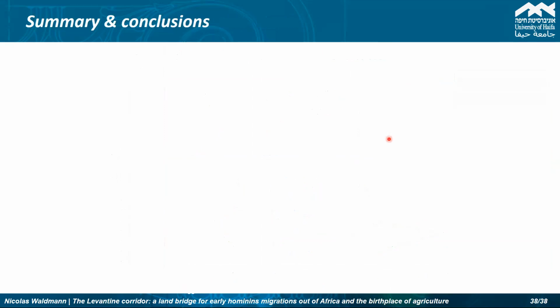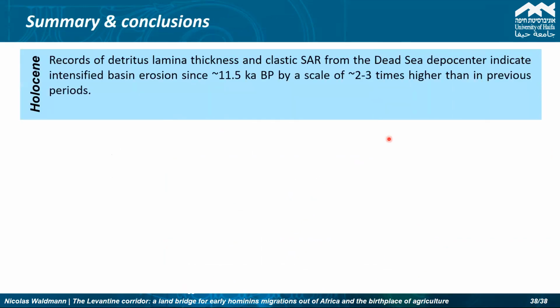So I went through the Holocene, the Pleistocene, and the Pliocene, and I will show a summary with some of the major conclusions of this presentation. For the Holocene, I showed you records of detritus lamina thicknesses and clastic sedimentation rates of the Dead Sea Deposit Center that indicate intensified basin erosion starting from 11.5 thousand years ago, on a scale 3 times higher than in the previous periods.